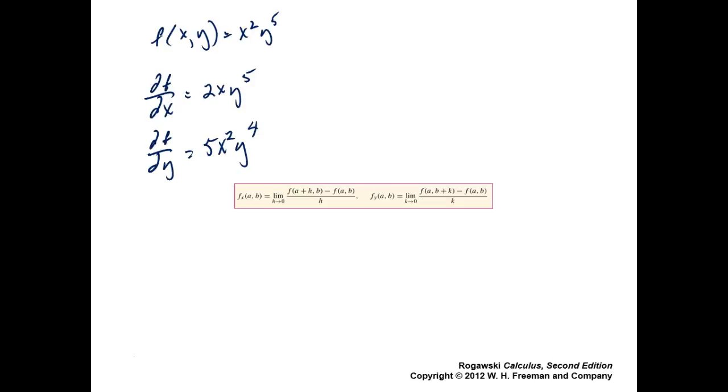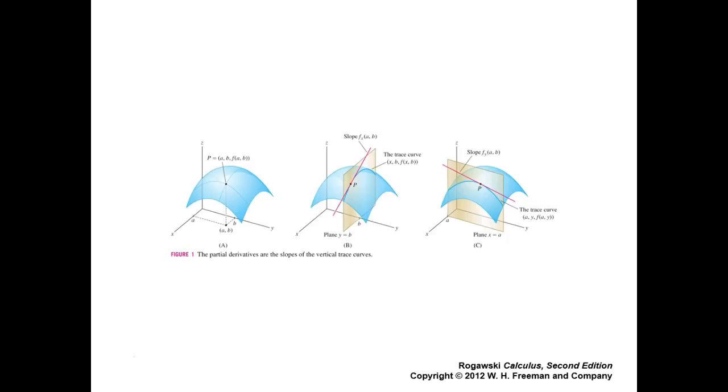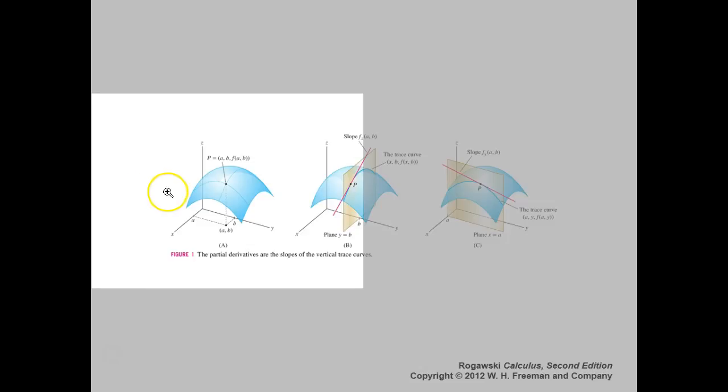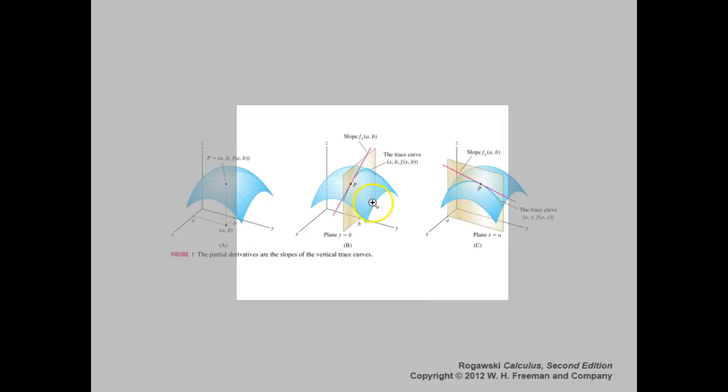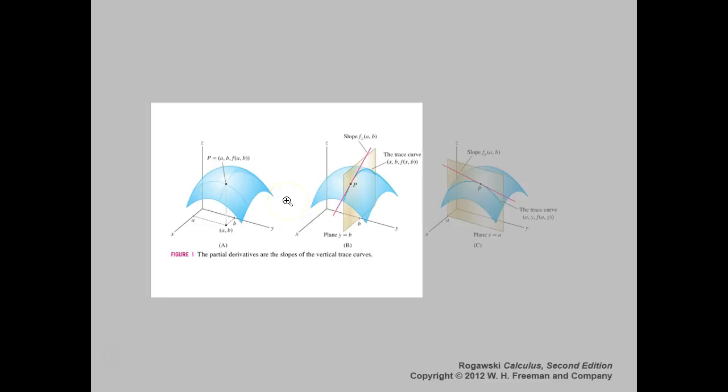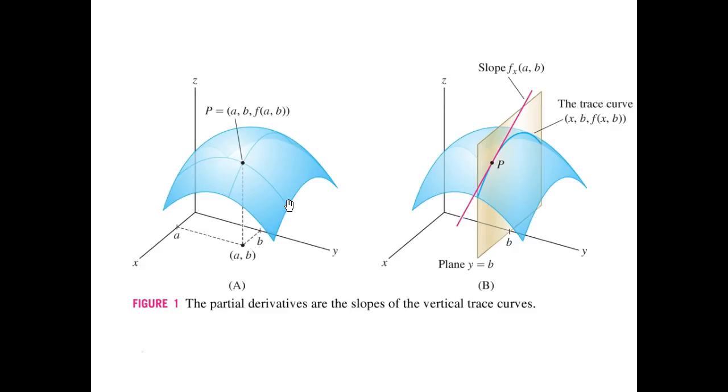Now, they do a little bit of a graphical insight here, and let's just imagine. I can't get this to move well. Okay. Here is your function. We don't give a name for it.